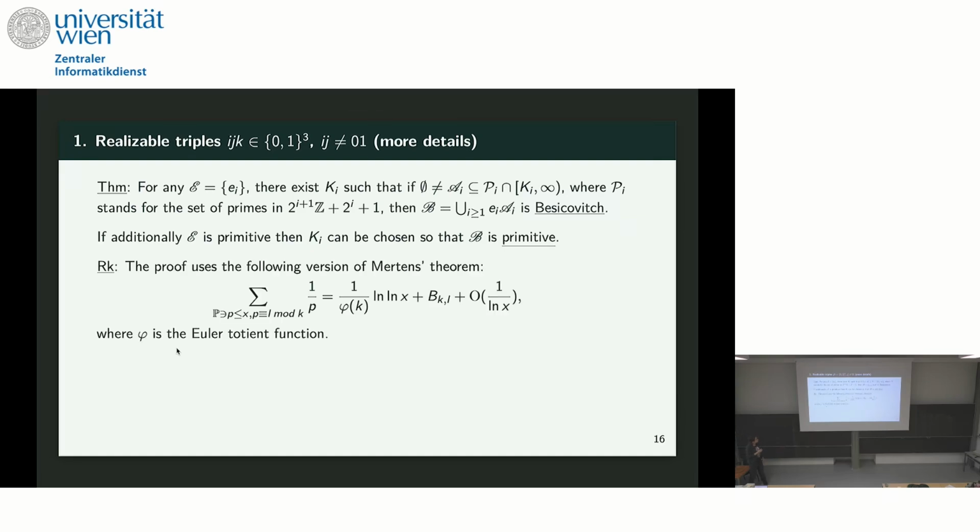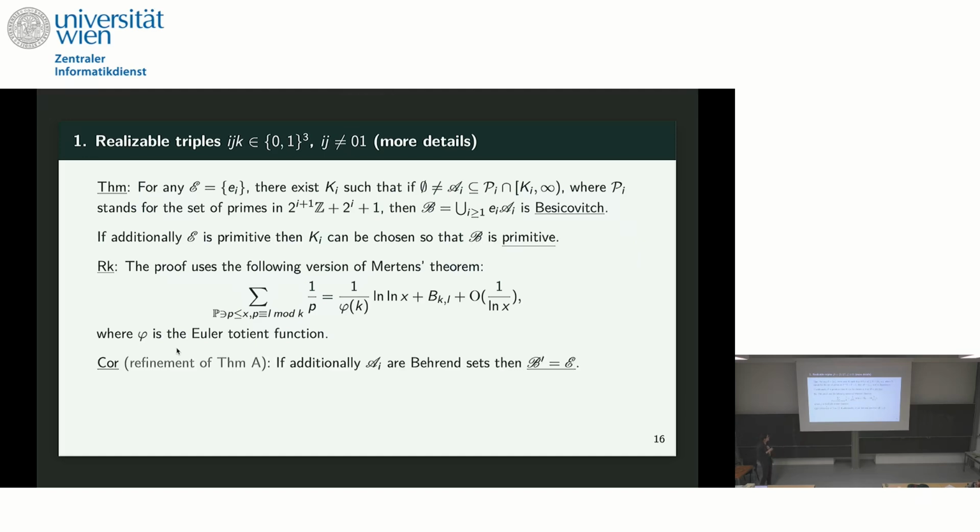The proof uses the following version of Mertens' theorem. It estimates the sum of reciprocals of primes in arithmetic progressions. It looks like this. This phi is now not the coding function, but the Euler totient function.